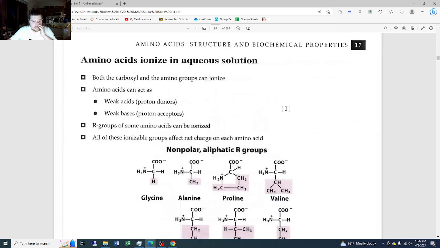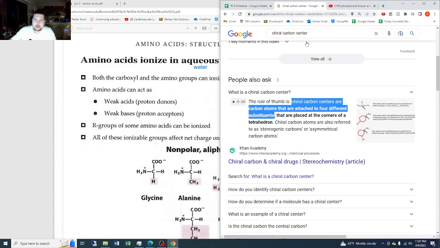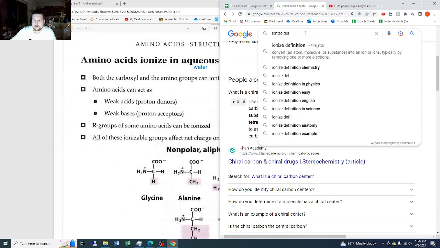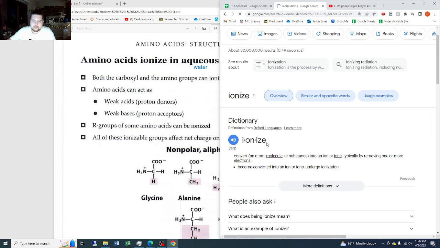So amino acids ionize in aqueous solution. When we talk about aqueous solution, it means that it's water. Ionize, make sure we get a nice definition for ionize. It's just converting any of it into an ion.